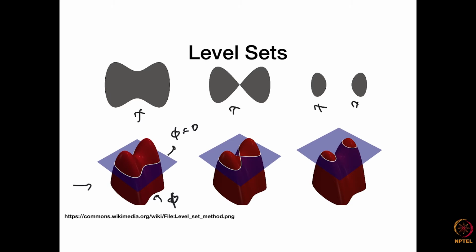In fact, if you have disjoint objects, those are also correctly segmented. So just by tracking phi equal to 0, we don't have to worry about self intersections, and we can track multiple objects. But remember that phi actually tracks the curve and not the image.